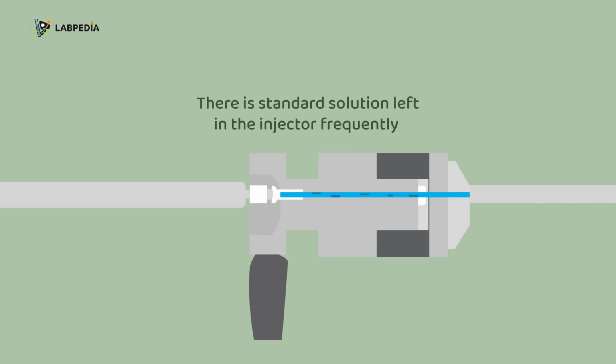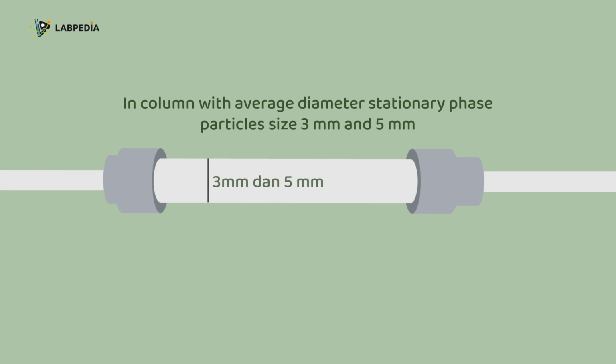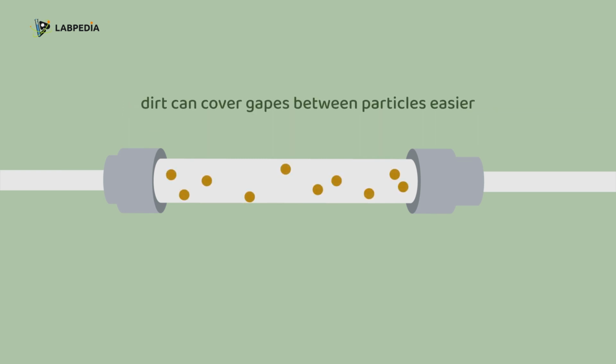Standard solution is frequently left in the injector. In columns with an average stationary phase particle diameter of 3 mm and 5 mm, that can cover gaps between particles more easily.